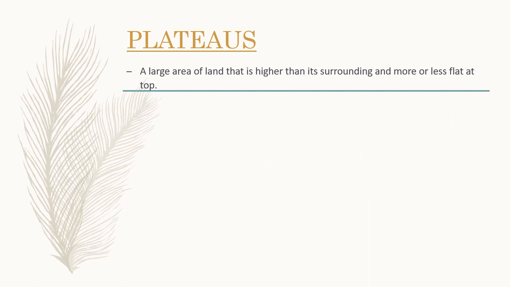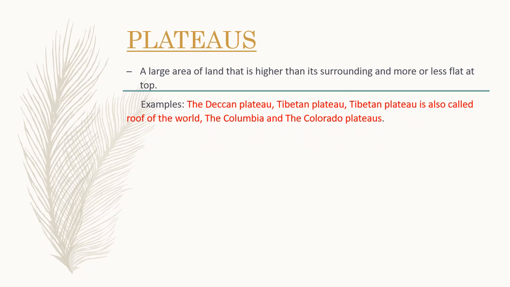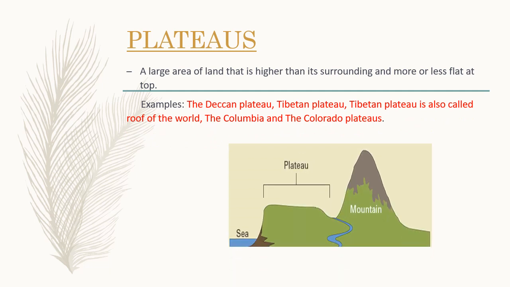Let us see another type of highland called plateaus. A plateau is a large area of land that is higher than its surroundings and more or less flat at the top. Examples: the Deccan Plateau, the Tibetan Plateau.